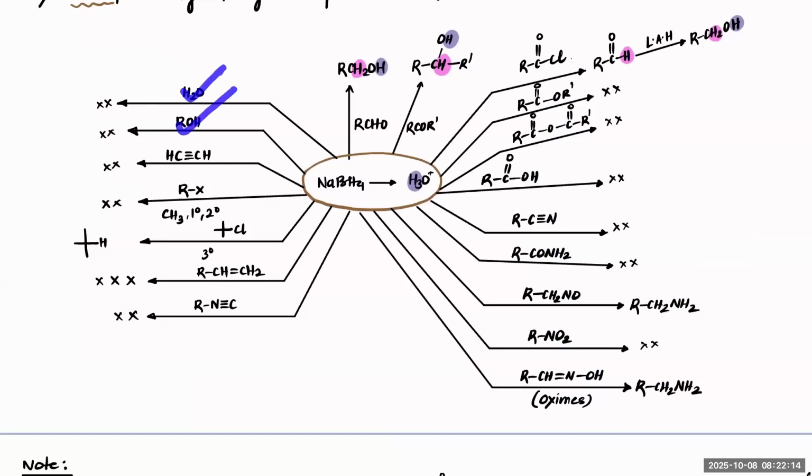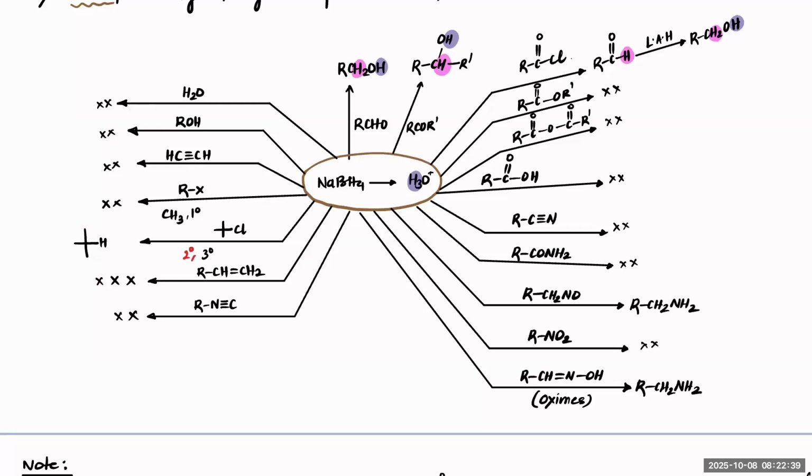Water, nothing will happen. Alcohol, nothing will happen. Acetylene, nothing will happen. But if I take 1 degree, 2 degree, you know, here, no reaction. Sorry, not 2 degree. One second. Yeah, 2 degree and 3 degree should be here. 2 degree and 3 degree, you will get a reduction towards this side. 2 degree is common for lithium aluminum hydride and NaBH4.